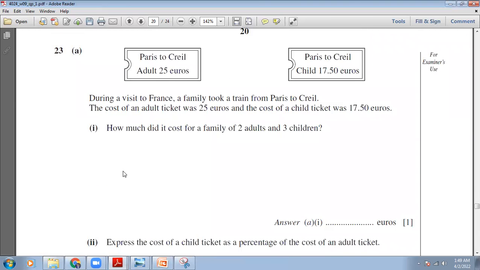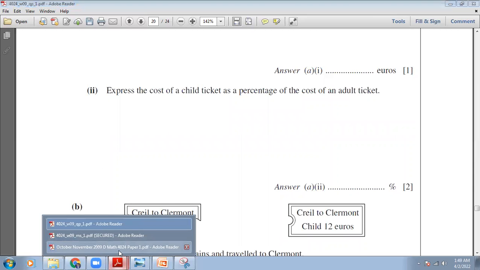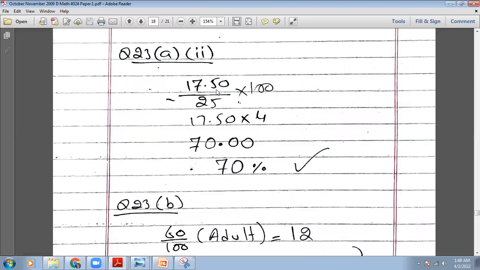The cost of the child ticket will come on top and the cost of the adult ticket will come at the bottom, and then I will multiply by 100 because we have to find the child ticket as a percentage of the cost of an adult ticket. So 17.50 divided by 25, multiplied by 100. You will have 17.50 multiplied by 4, so you will have 70, so 70%.